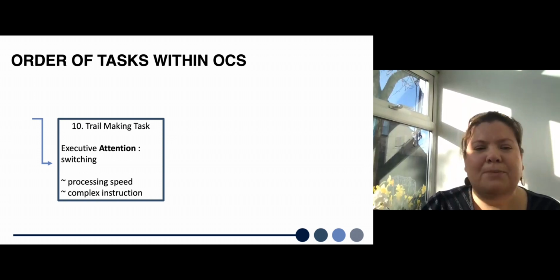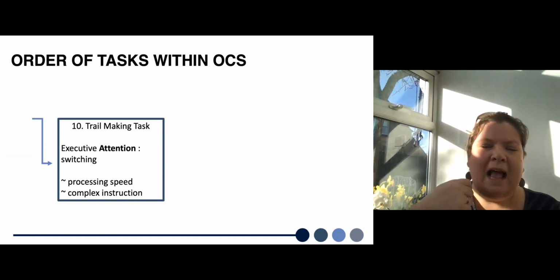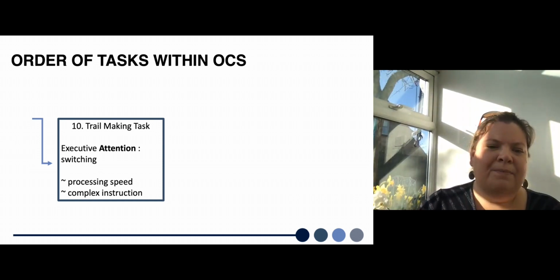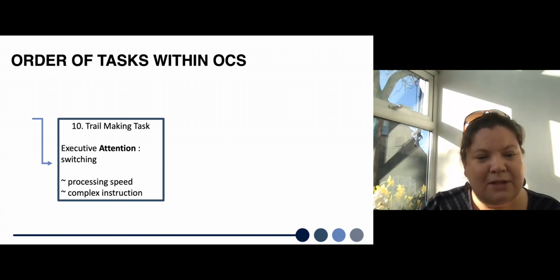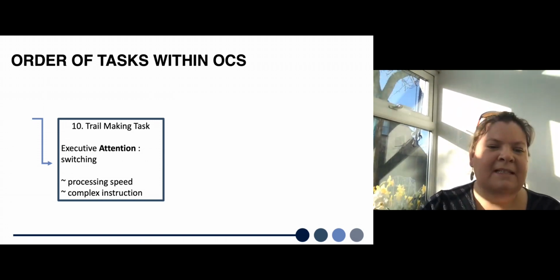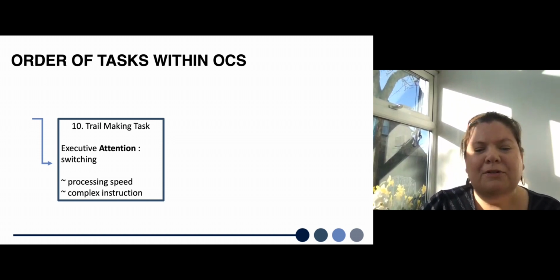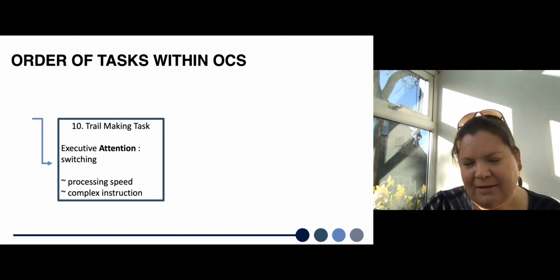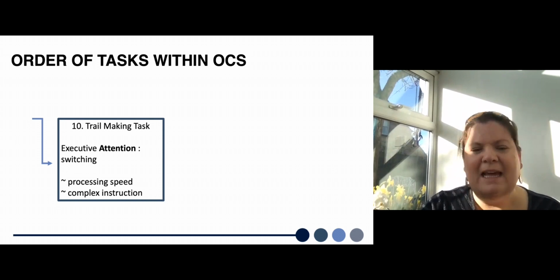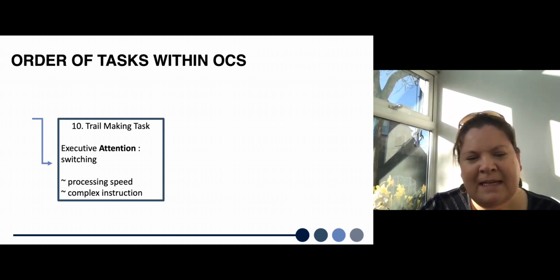I'm always a little bit dubious about this because with processing speed, particularly in stroke where they may well have hand-eye coordination deficits and just general slowing and motor deficits, we prefer not to take too much of the speed measures on their own. So you'll find that most of the OCS is all about accuracy rather than speed, but it's still there, so you may get a little bit of information on processing speed.